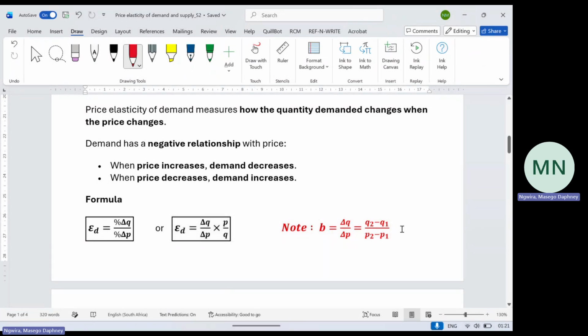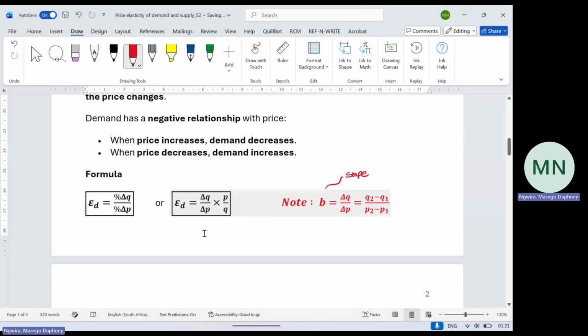So which is the slope? If you remember, we did this as a slope. This is how we calculate the slope, by saying Q2 minus Q1 over P2 minus P1. So when you're calculating the price elasticity, you are going to use this formula.